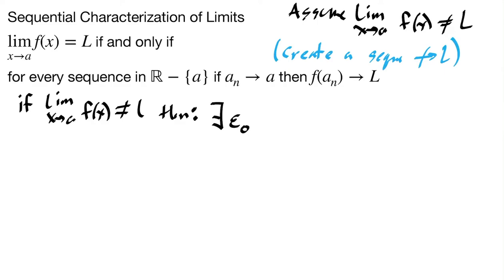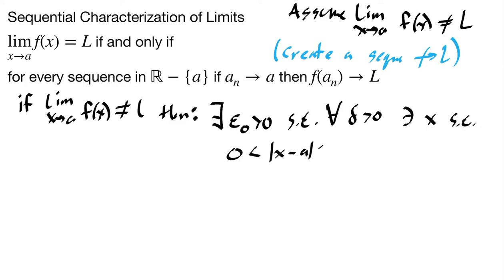Let's call it epsilon naught so we know that it's not arbitrary. So there exists an epsilon naught such that for every delta value, there exists an x in the set such that 0 < |x − a| < delta and |f(x) − L| is greater than or equal to epsilon naught.